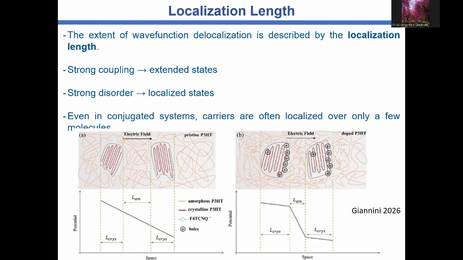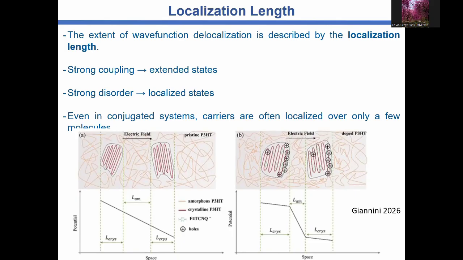So this length is the length they have before recombining. As we said, strong coupling gives extended states, and strong disorder, which is the opposite of the coupling, gives localized states.